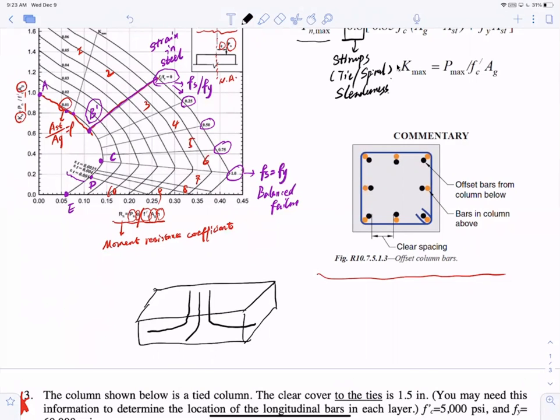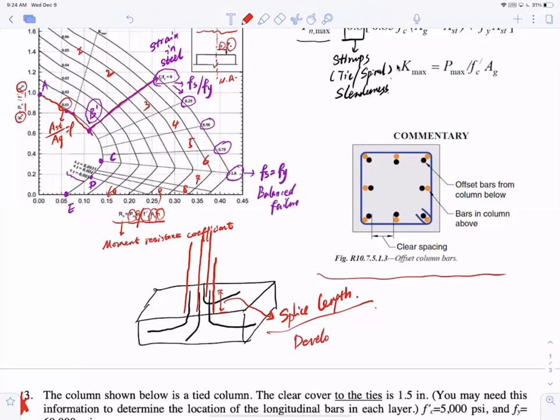Then you build another set of bars straight up, and overlap. This is the splice length, which is equivalent to the development length we talked about before, to develop enough tensile stress in the bar.